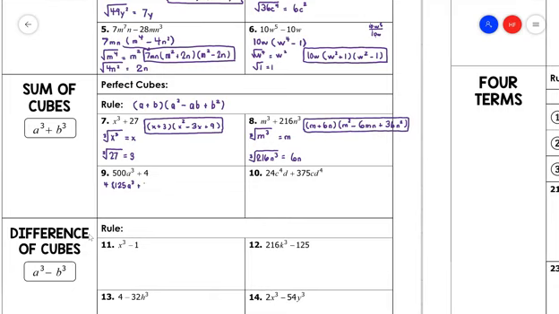125a cubed plus 1 is what we're left over with. We'll take the cube root of both terms. Cube root of 125 is 5, and then we have a, and the cube root of 1 is 1.